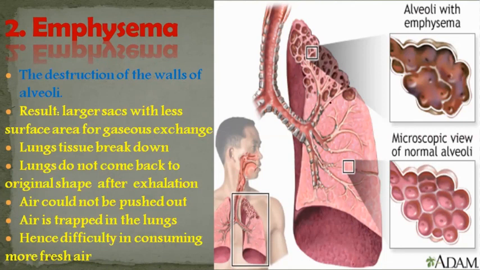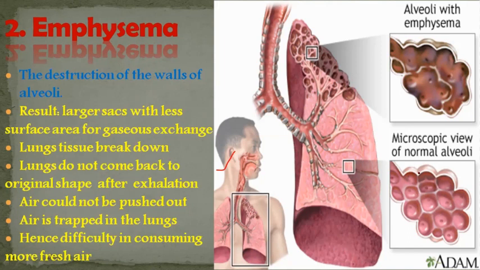If you see this diagram, this one is the respiratory system of a human being, and this is the lung. If you see here, this is the normal alveoli.